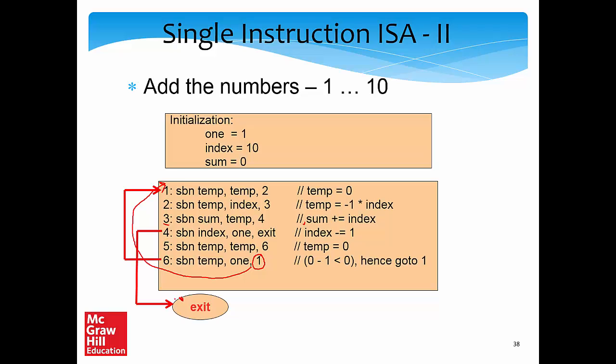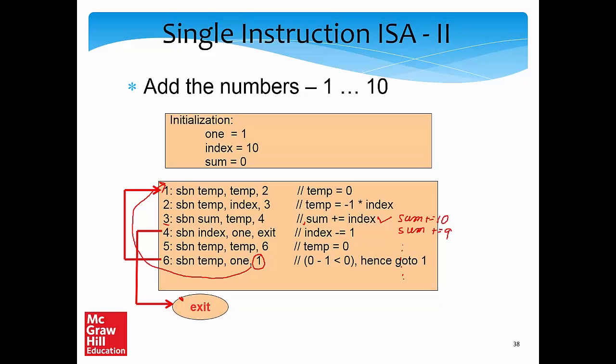So what is the final outcome of this piece of code is that we are doing an addition in this line. Initially sum is 0. First we do sum plus equal to 10. Then we decrement index. So in the next iteration we do sum plus equal to 9.